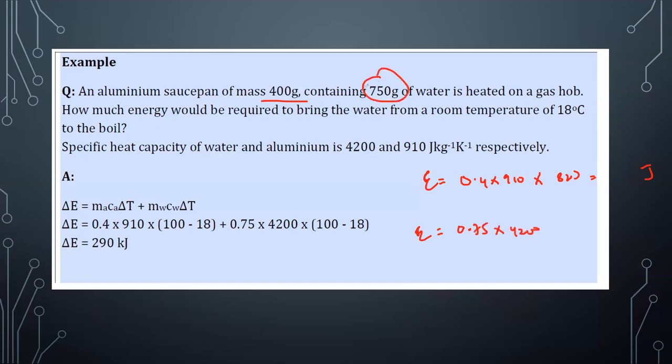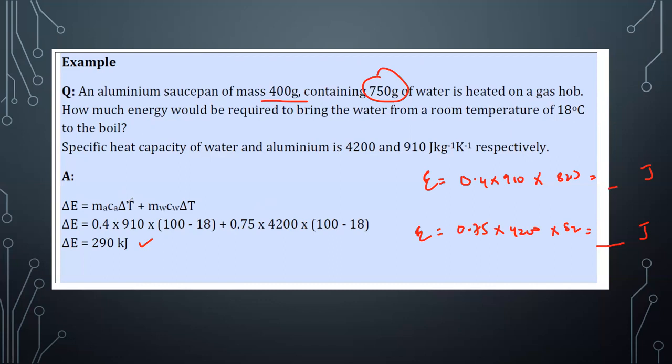Why 0.75? Because the mass is given in gram. And the temperature change, again 100 minus 18, or 373 minus 291, we'll get 82 again. The total energy will be the sum of the two, which will come out about 290 kilojoule.